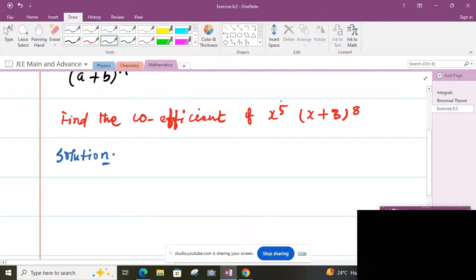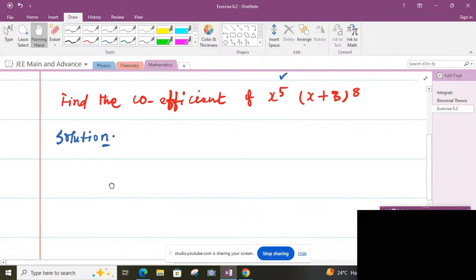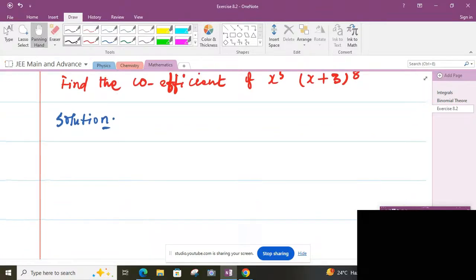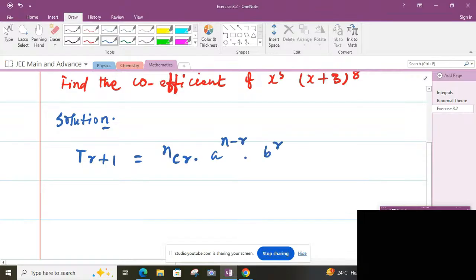Let the x to the power 5 consist of the general term or r plus 1 term. So we recall here nCr into a to the power n minus r into b to the power r.